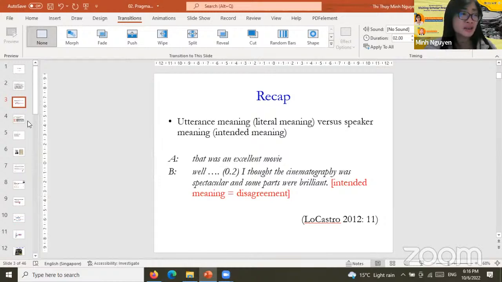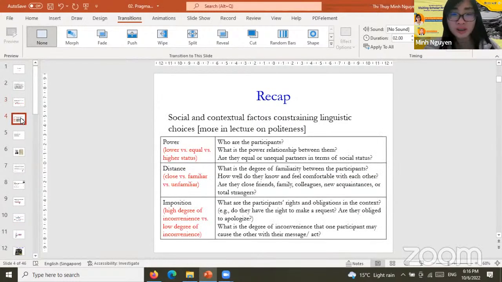Last week we also talked about the social and contextual factors that constrain linguistic choices, and I will talk more about this in the lecture on politeness next week. We are going to look at these three factors in more depth when we discuss the theory of linguistic politeness.